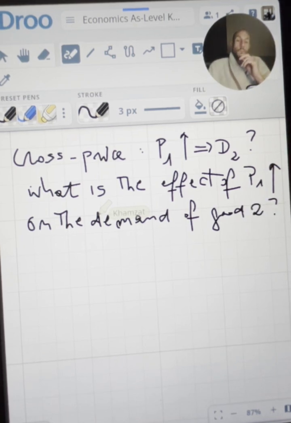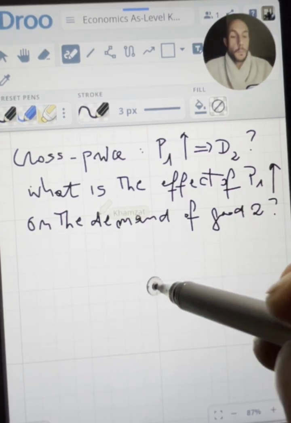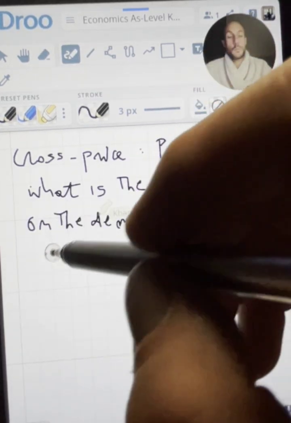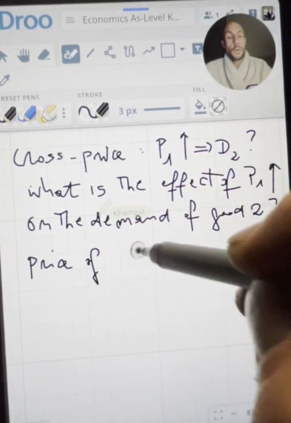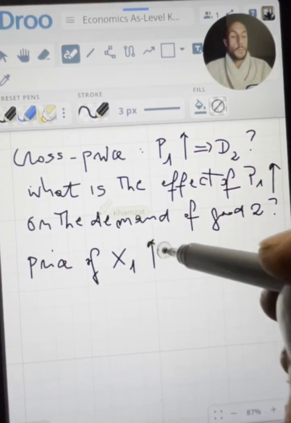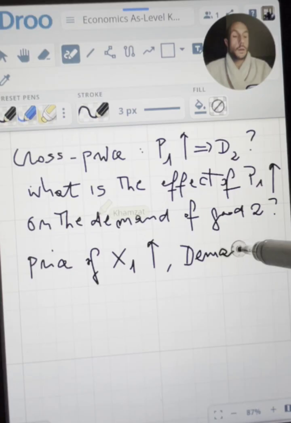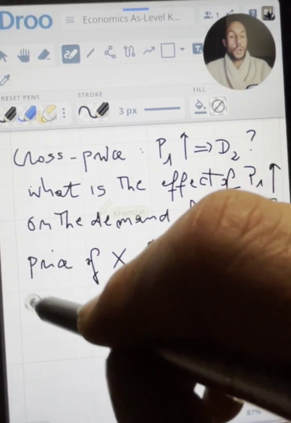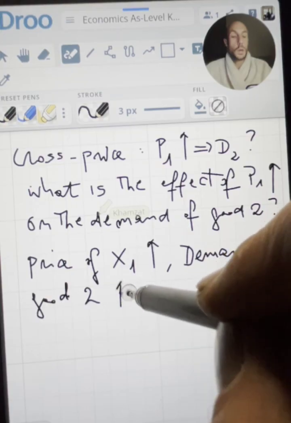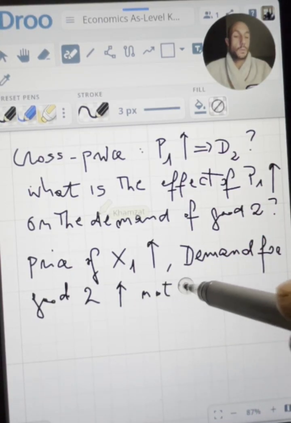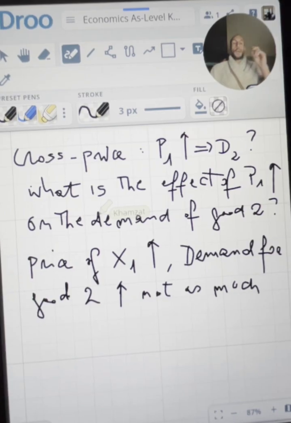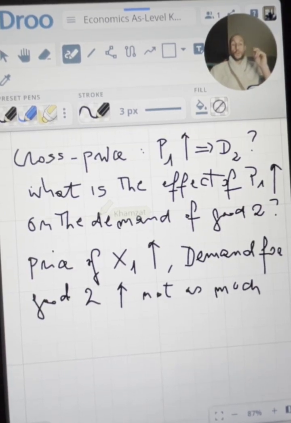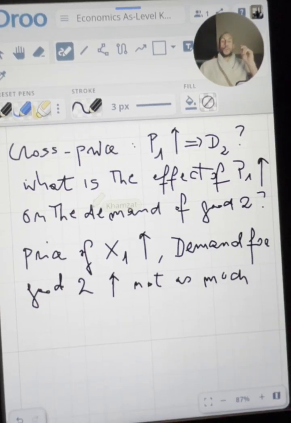So it's plus 0.6, more than minus 1. Translating into words, price of good 1 goes up, demand for good 2 goes up, but not as much. What type of goods are these two?